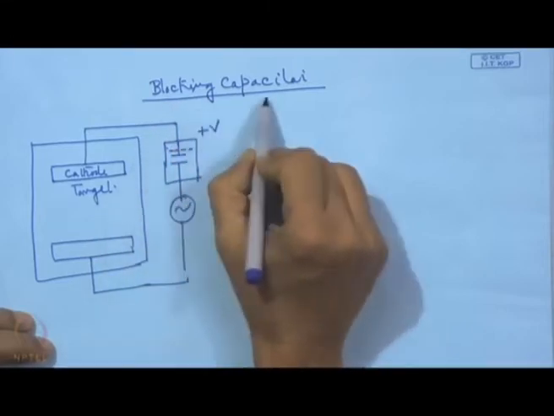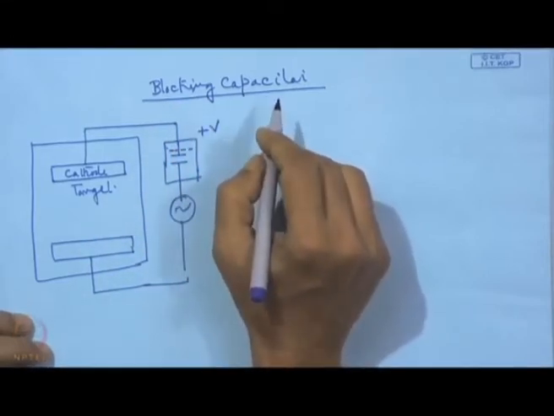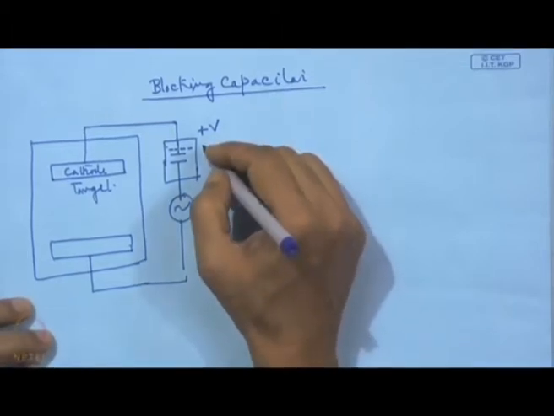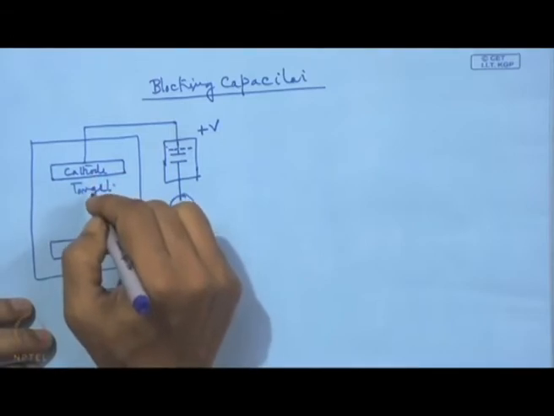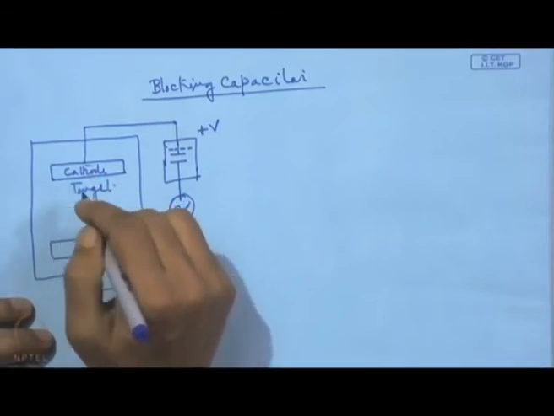However, this blocking capacitor has the main role to create a negative bias on this cathode surface.